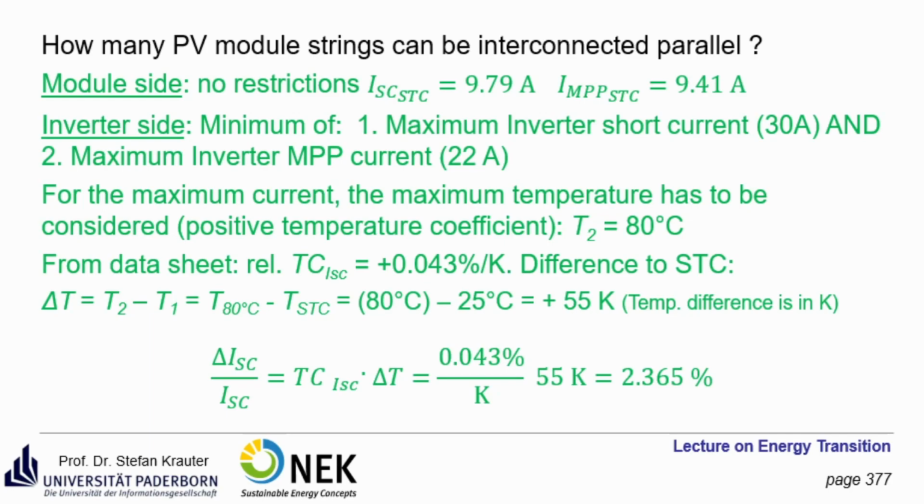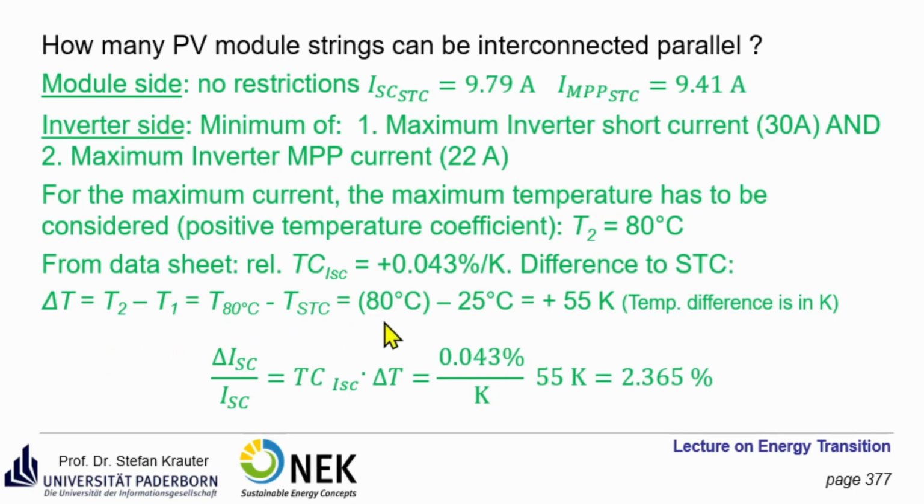We have from the data sheet the temperature coefficient for the current, which is plus 0.043%. It's much less, this coefficient, but it's positive. And this is percent per Kelvin, so the relative increase in current.